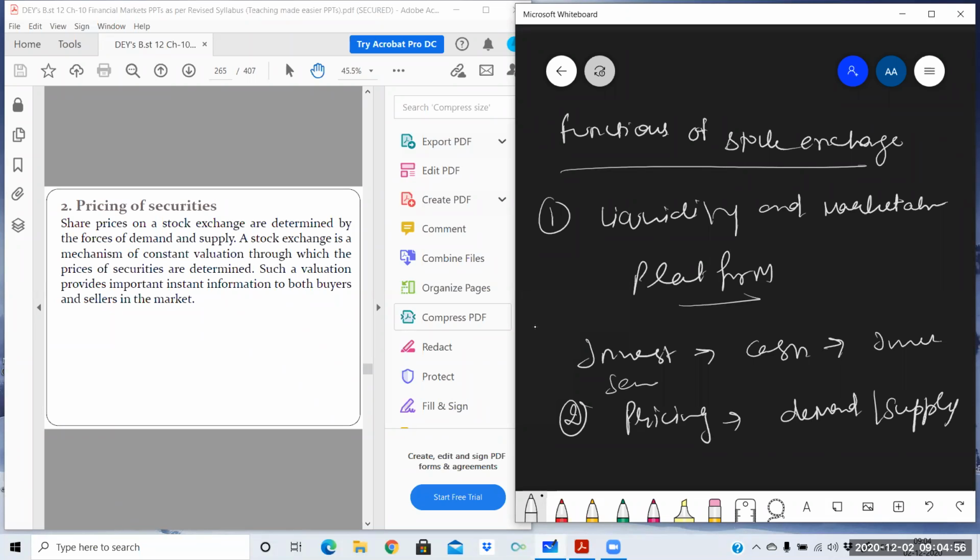Different companies have different types of shares, and you can see on business channels like CNBC, they continuously show the stock prices in their index. Which company shares are going up and which company shares are going down.